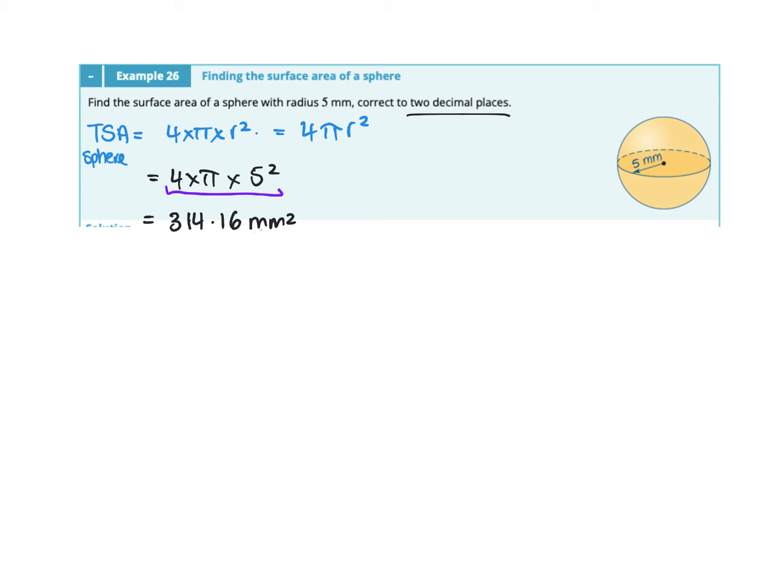Okay, so sometimes it might say, find the outer surface of a salad bowl, which is half a sphere.